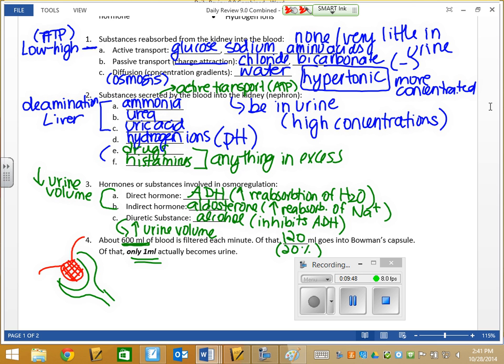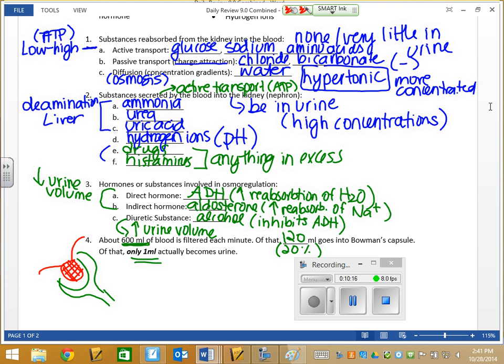But realistically, I'm not going to push every drop of blood through the pores of the capillary. It could be more depending on blood pressure or even less depending on blood pressure. But in an average person, about 20% of the volume of blood gets pushed through, and the rest of it just continues on, flows around the body, and can come back again and get refiltered. That's per kidney per minute.